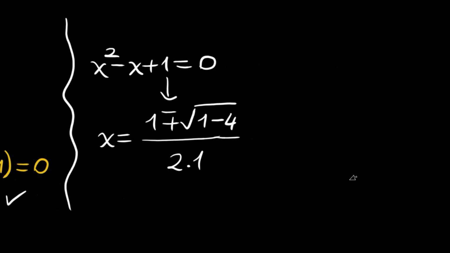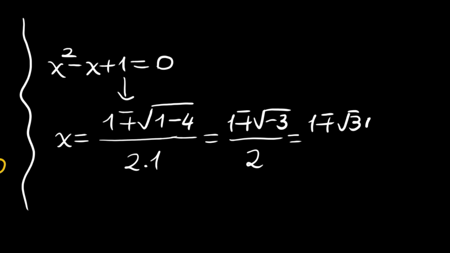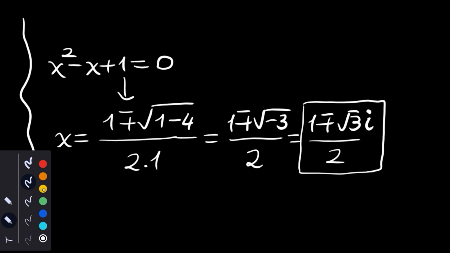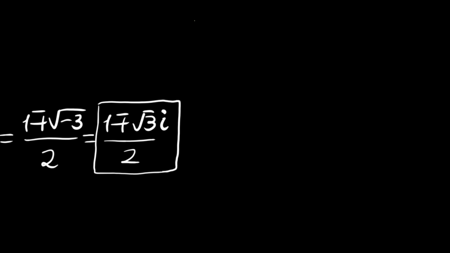This is also equal to 1 plus or minus root of negative 3 divided by 2, or 1 plus or minus root 3 times i divided by 2. So we have two complex roots and 0 and 1 as our real roots. This is the first method and it is easy to solve actually. Let me show you another one.